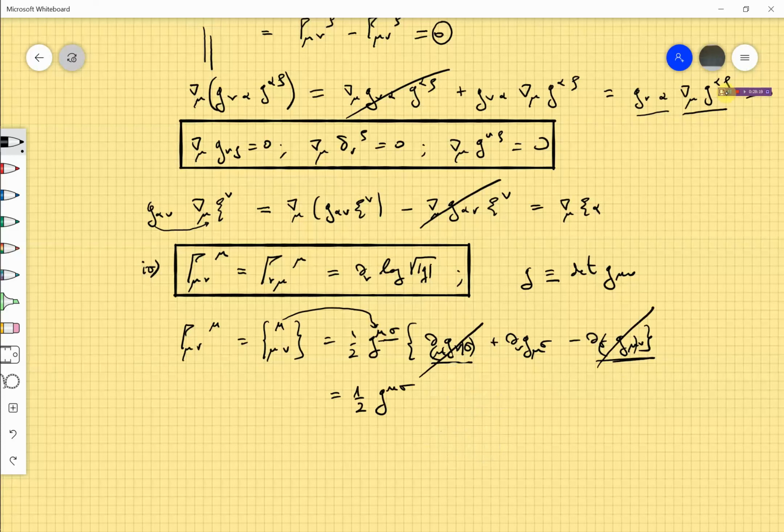And it is this one. Okay, so now we need to use this property of the derivative of the determinant.